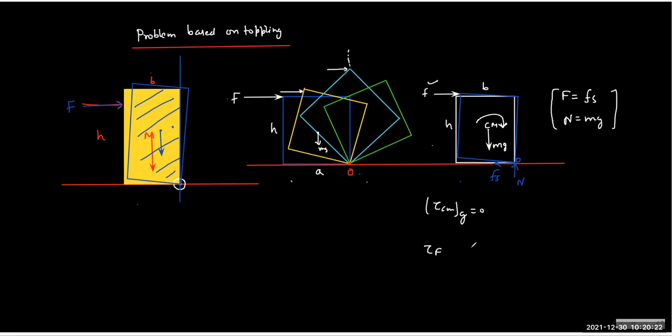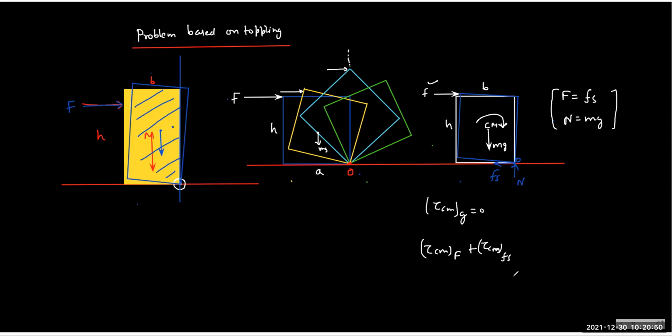Yes, sir. But Fs is also doing the same thing. Fs is also trying to turn like this. See, about the center of mass, the friction force Fs is also helping you, right? Yes, sir. So about the center of mass, F and Fs both are supporting your turning. Do you realize this?